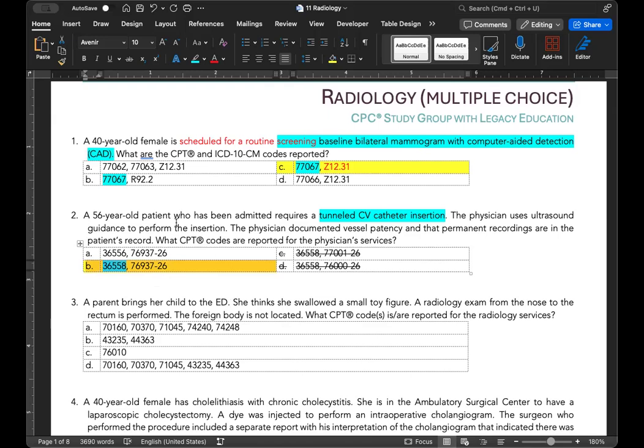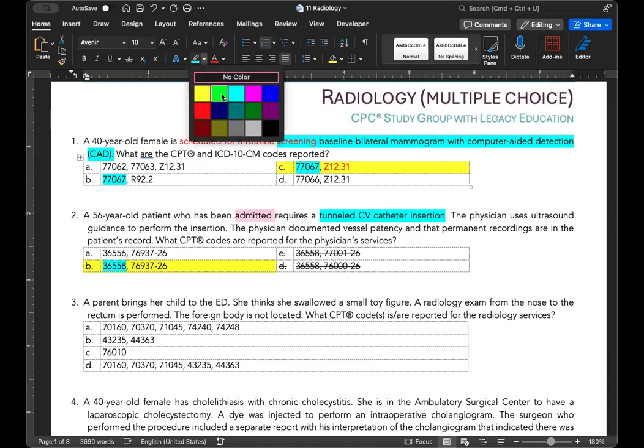The modifier. Okay, yes. So let's go back to the 76937. Okay, let's look at our code description here. So our code description is basically telling us that it's a global component, right? There's not anything indicating that they're only doing interpretation and report, or supervision and interpretation or anything along those lines, right? So because they have been admitted, then this is indicating that they were admitted into a hospital, right?